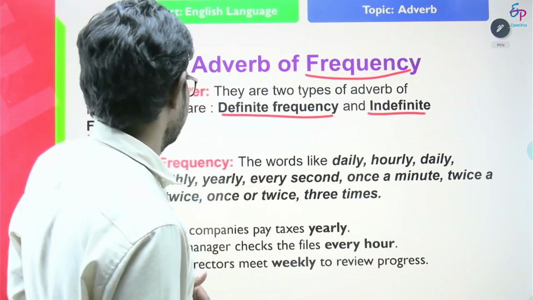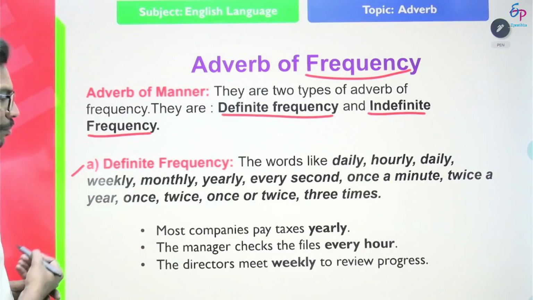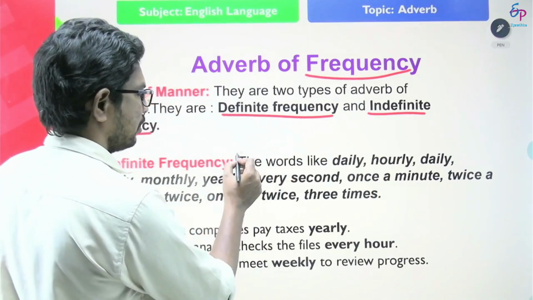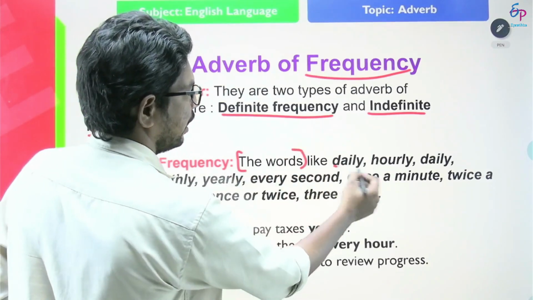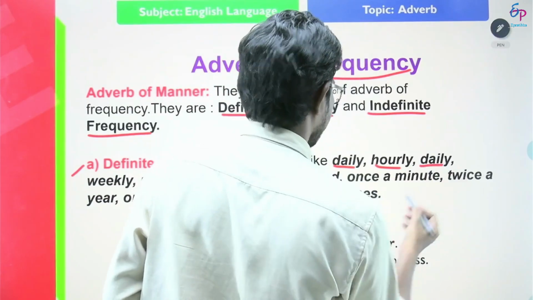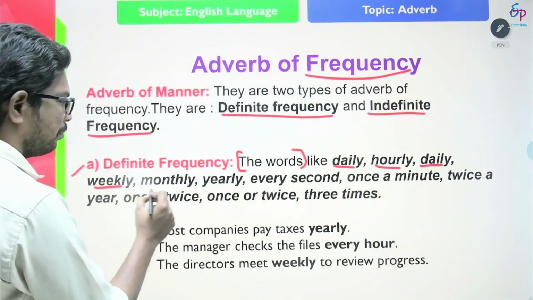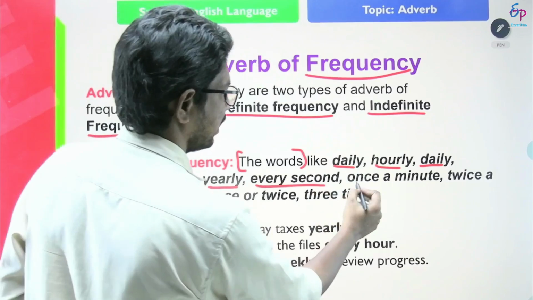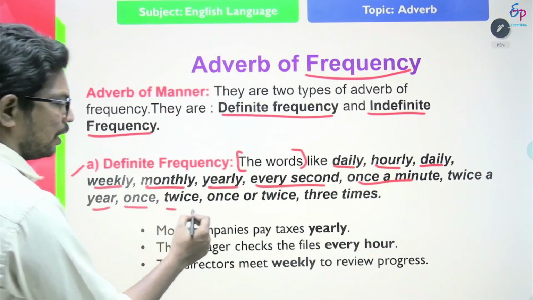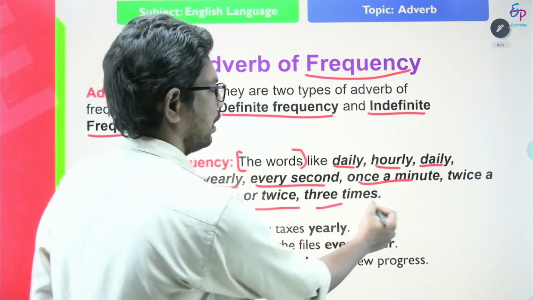First, let us discuss definite frequency. Look at this. The words like daily, hourly, weekly, monthly, yearly, every second, once a minute, twice a year, once, twice, once or twice, 3 times.